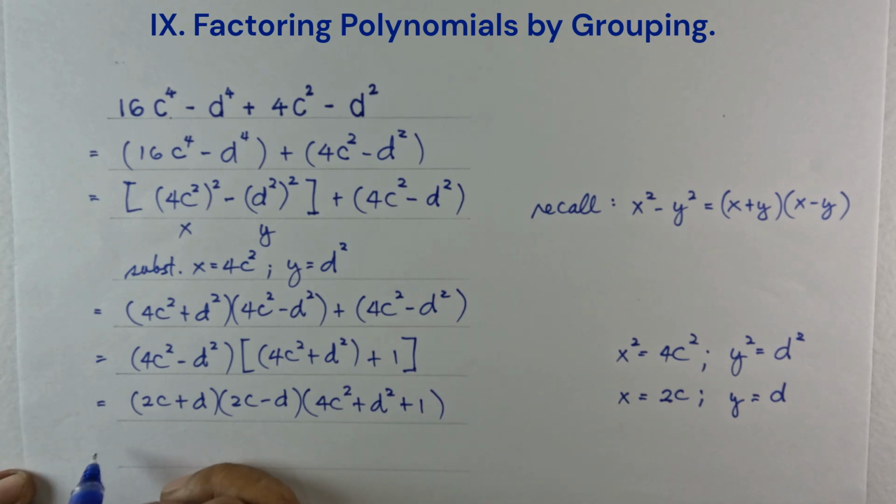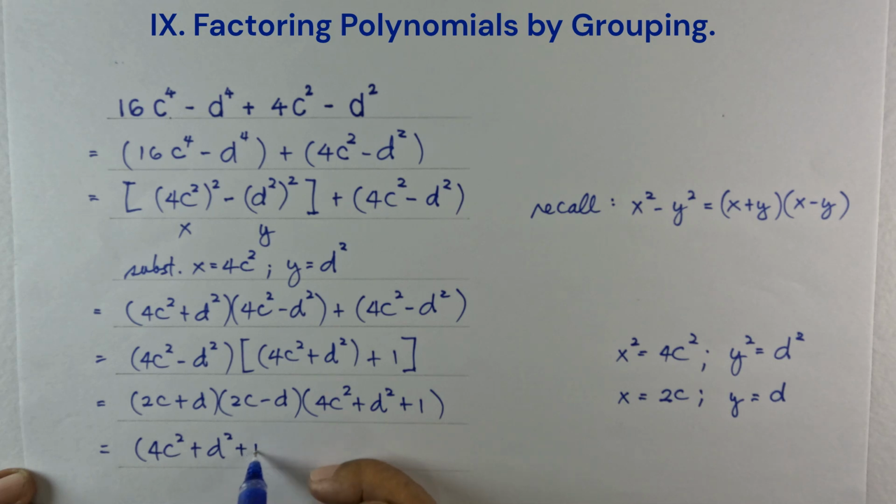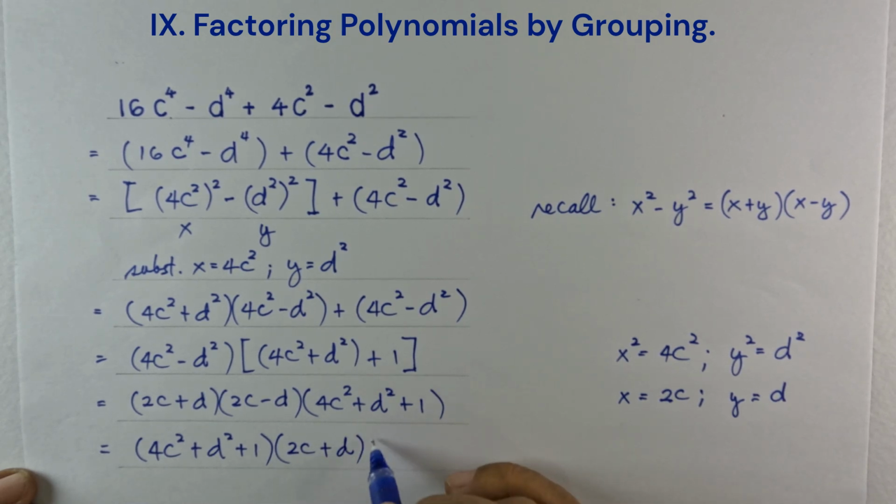Now let us rearrange. So I'll write this one first. That's 4c squared plus d squared plus 1 times quantity 2c plus d, quantity times 2c minus d. And that's the answer.